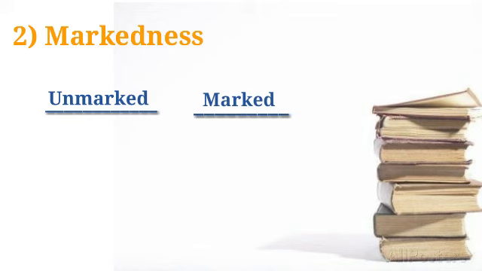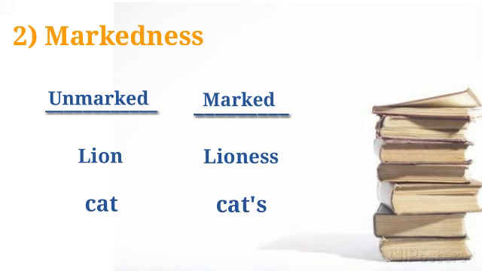For example, lion is unmarked, while the female lioness is marked by the suffix es. The other example, cat is unmarked, while its plural cats is marked by the suffix s.